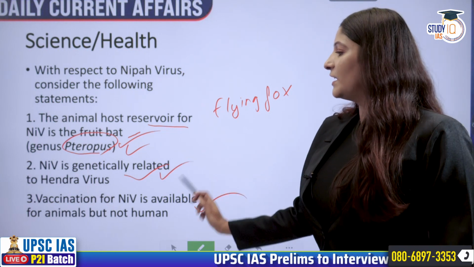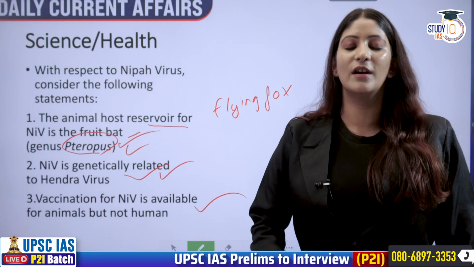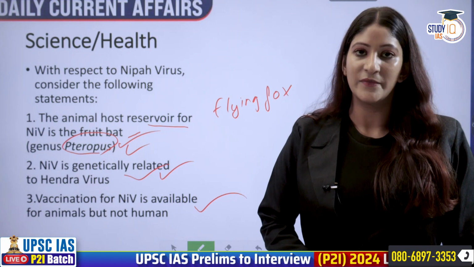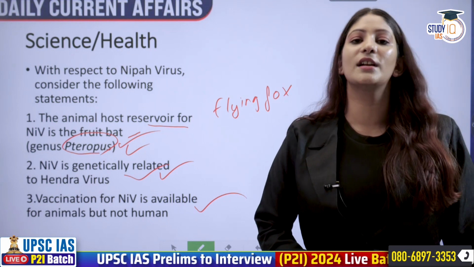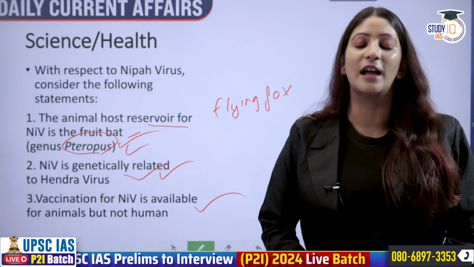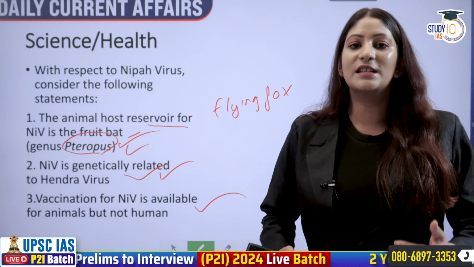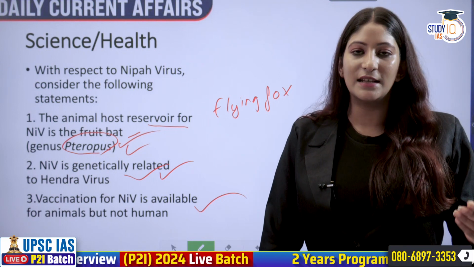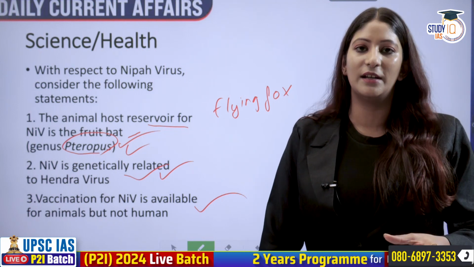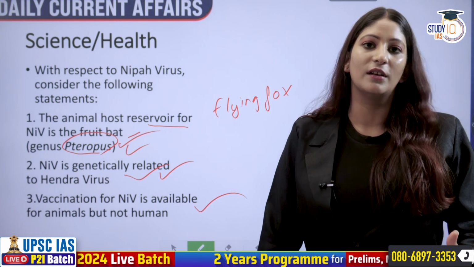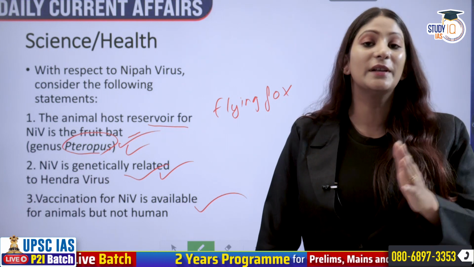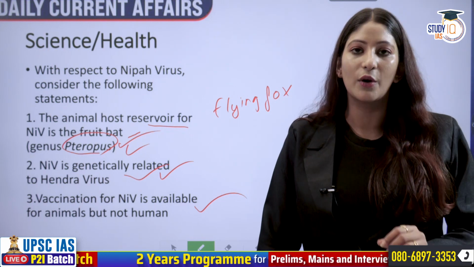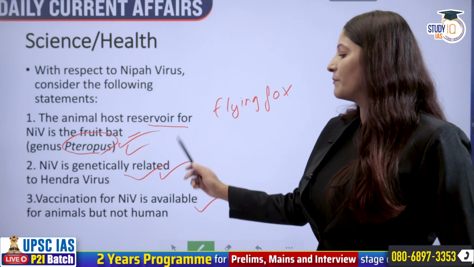It is genetically related to Hendra virus. Hendra virus is also carried by bats, and that is why it is very easy to single out the bats as reservoirs. That means they host these viruses within them. And when certain raw materials are contaminated by bat urine or excreta, people can get infected if you do not wash them properly before consuming them.